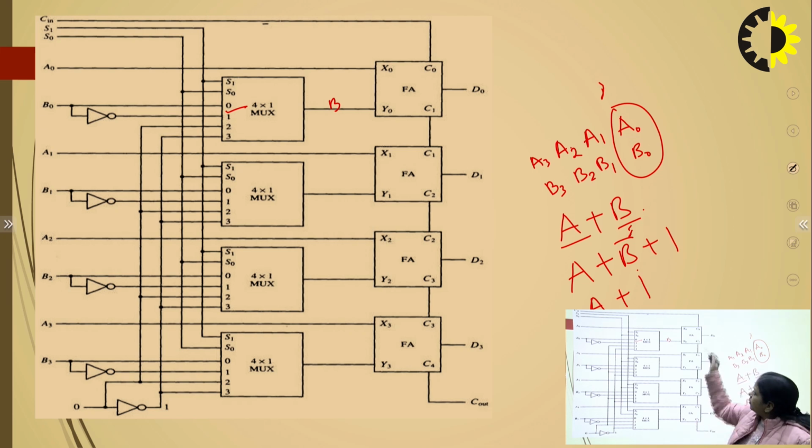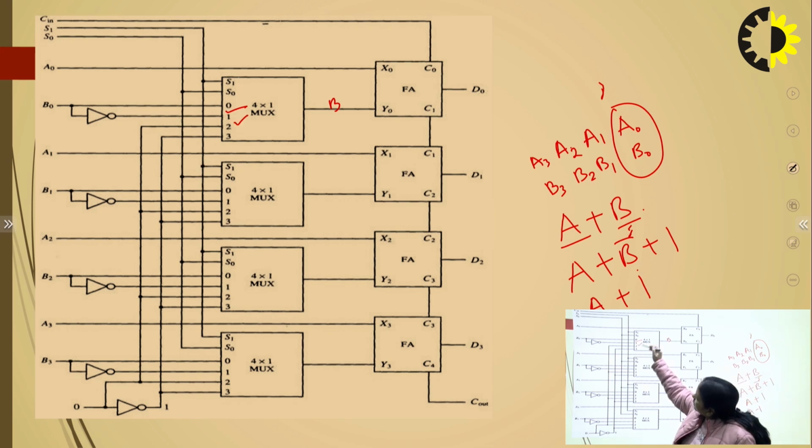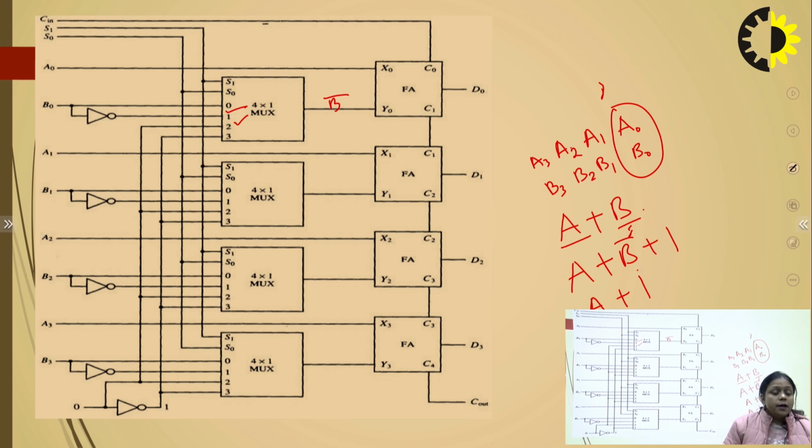This is the difference between these two operations. Now in the next case, when we give the selection line values 0, 1, then B bar will be selected here. If the carry value is 1, then the operation will be A plus B bar plus 1. If the carry value is 0, then the operation is A plus B bar.